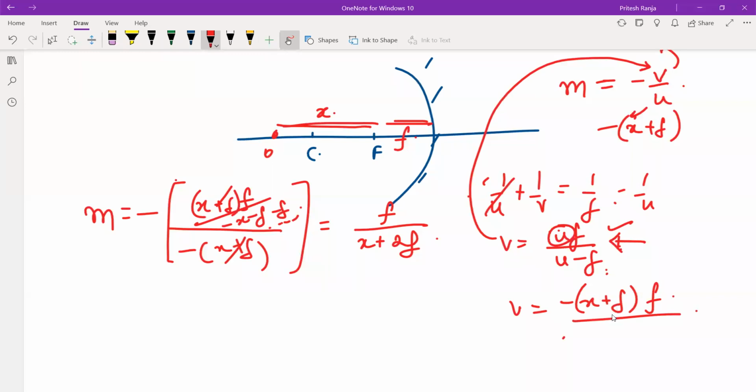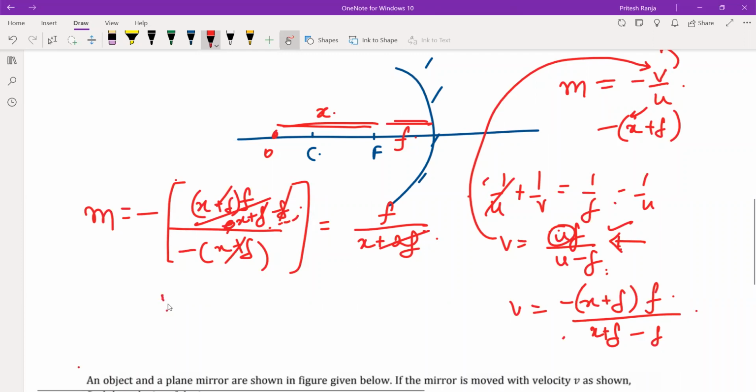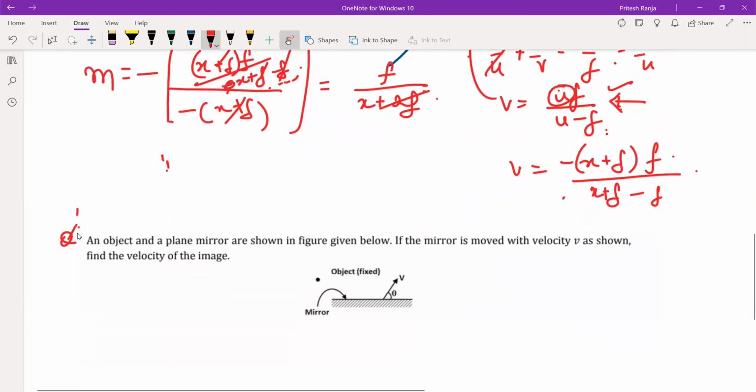Yes sir, divided by x plus f into f divided by x plus f. अच्छा माइनस f, राइट? ये राइट, f by x. Okay. This one quickly.